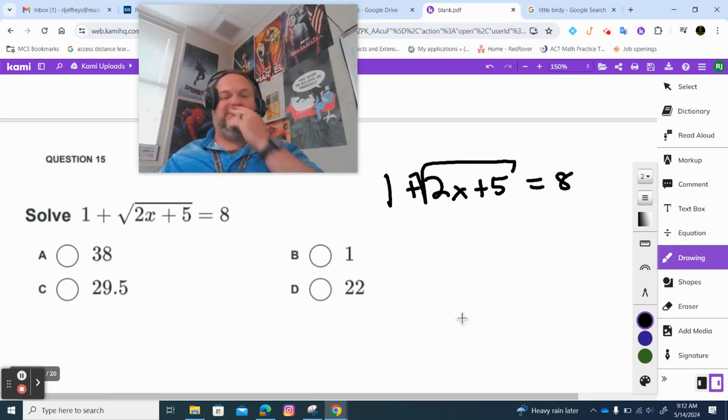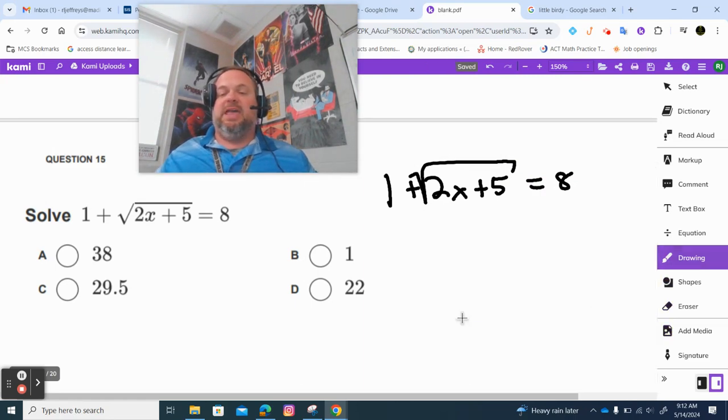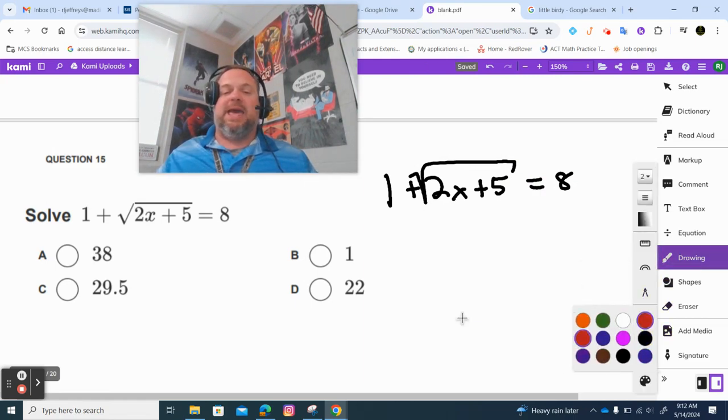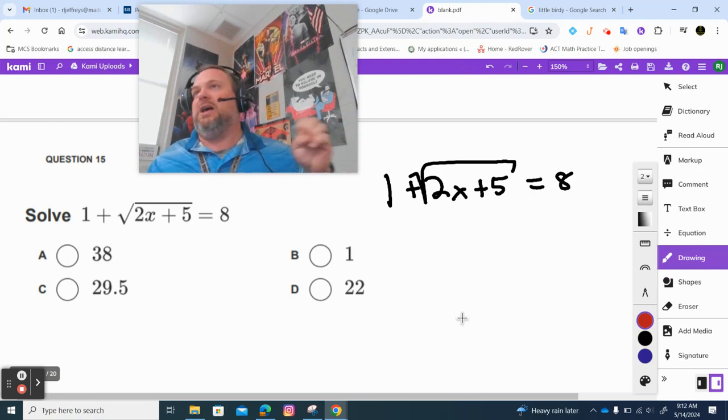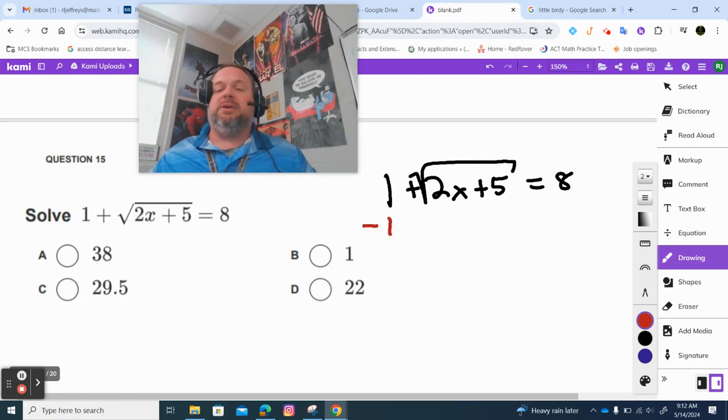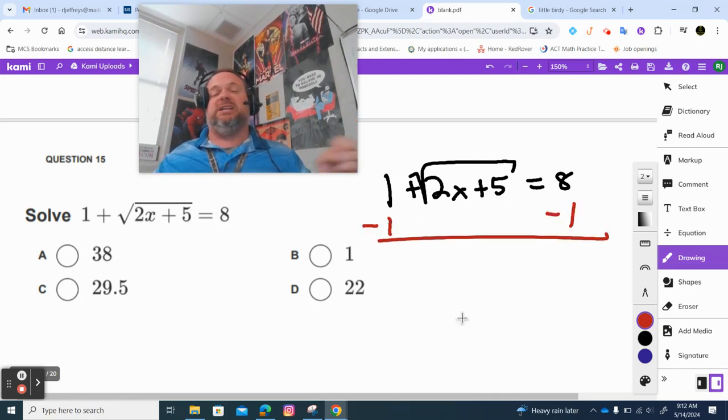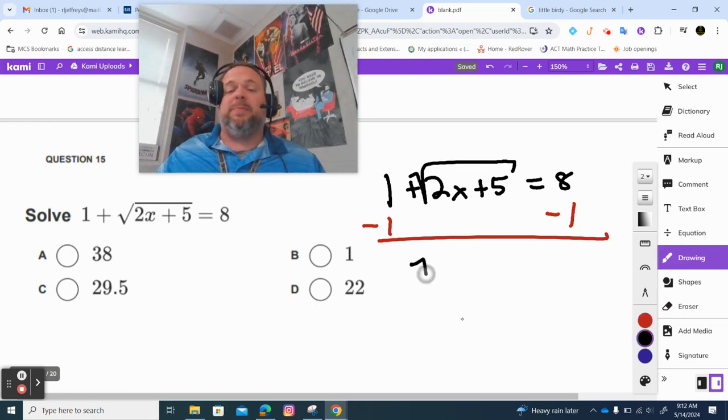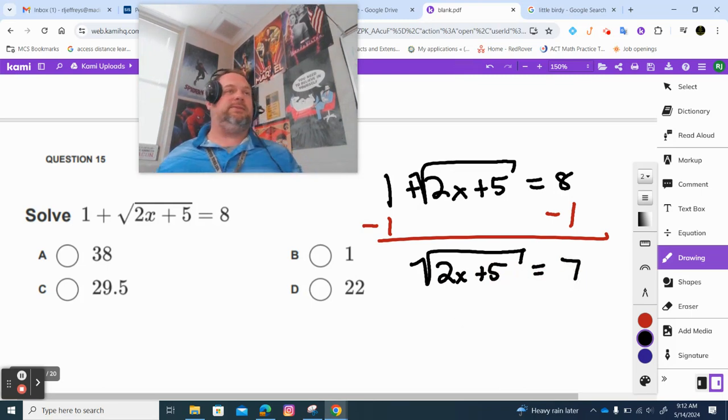So what I'm doing, I'm solving for x. 1 is being added to this. So how do I undo a 1 that's being added? You subtract. Good. Because when we had this test, a lot of people tried to divide by 1, and I wanted to jump out the window. I was rethinking a lot of my life choices that day.